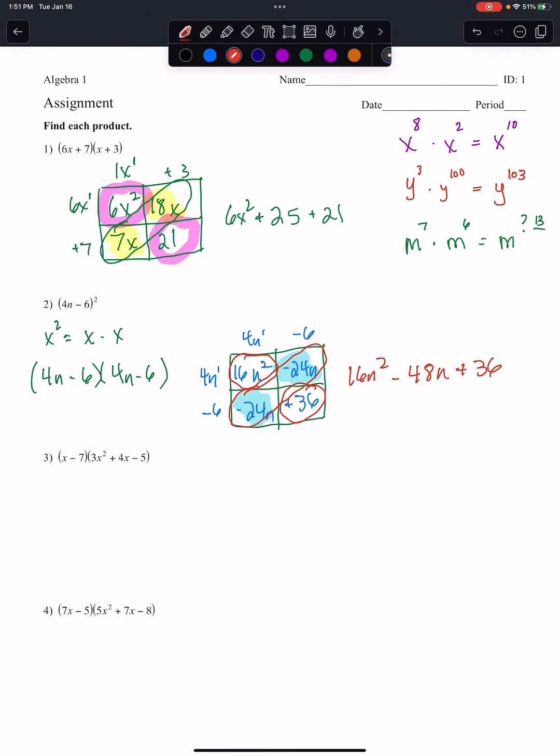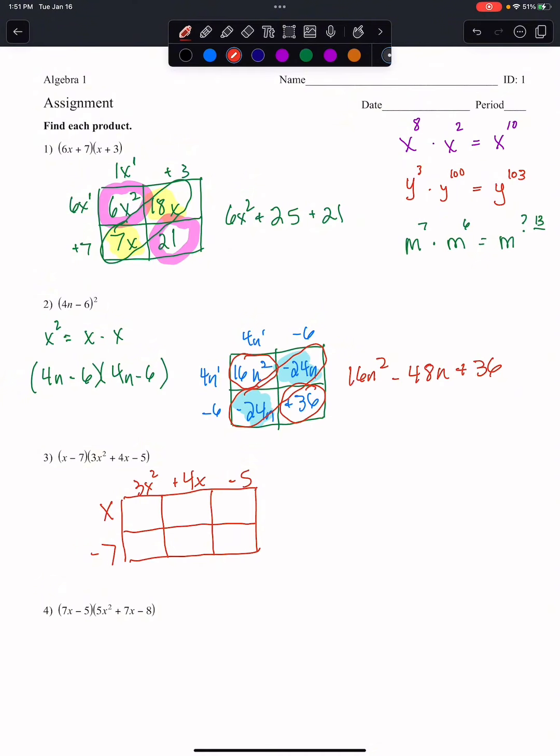Now, these are multiplying binomial times binomial. So now what we're going to do is multiply binomials times trinomials. Okay? So let's set this box up. This is going to be a 2 by 3. So I'm filling this out: x minus 7 on the left, and then 3x squared plus 4x minus 5.